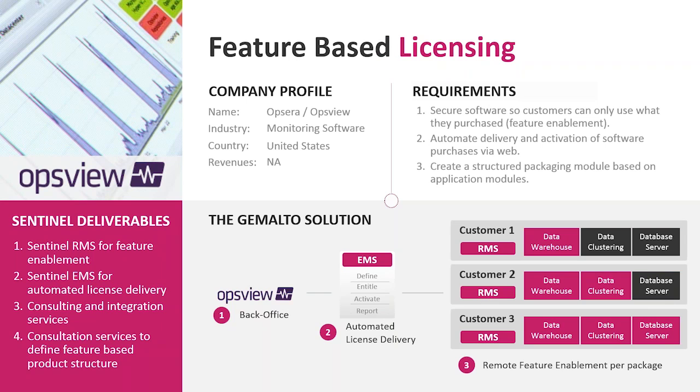So then the last example I want to give you is a bit more on the licensing aspect, but this is core to what you have to think about for packaging, right? When you want to move to those different models, the recurring revenue model, subscription or postpaid, prepaid, you have to be able to package a little bit differently. So this is just an example again. One company, OpsView or OpsEra, right?